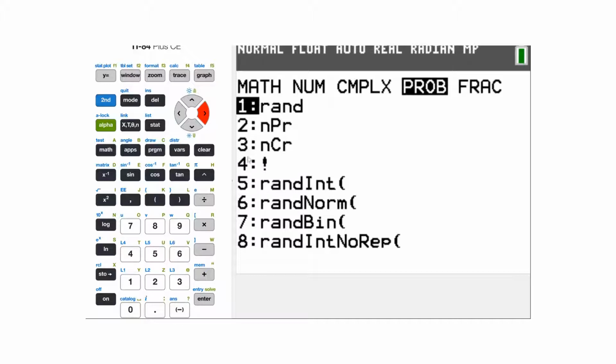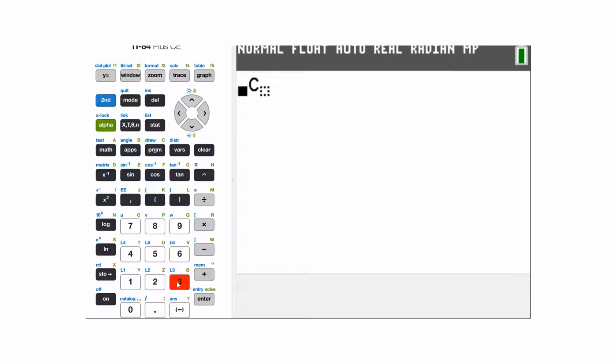Here you see nCr, probability. I'm going to go option 3, and it's going to bring me up to this. Now, if you're on a TI-83, this is a TI-84 Plus CE computer emulator, you may see this in parentheses, and you're going to put what I'm getting ready to put in these boxes with a comma in between, and close your parentheses.